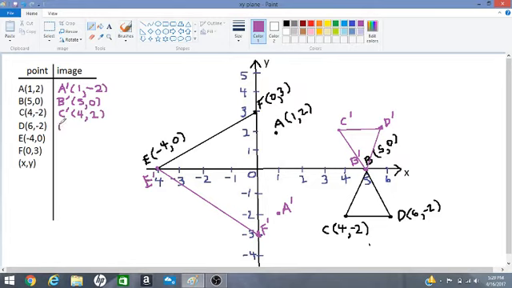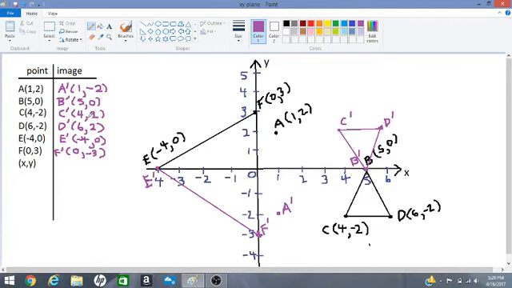D prime is at 6, +2. E prime located also at -4, 0. Okay. And F prime located at 0, -3. Alright.